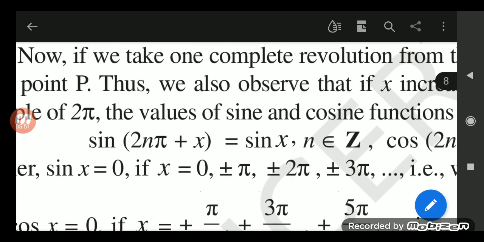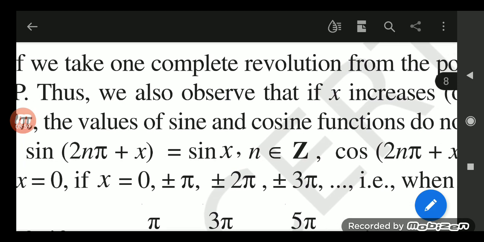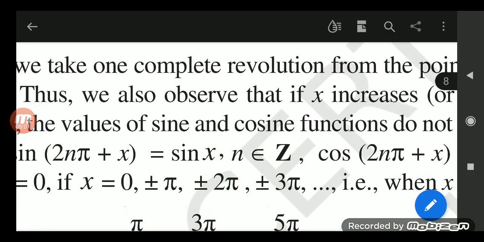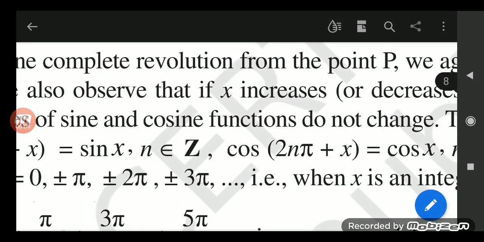Thus, sin(2nπ + x) equals sin x, where n belongs to the integers. I'll be explaining this part again on a drawing board, so please stay tuned.